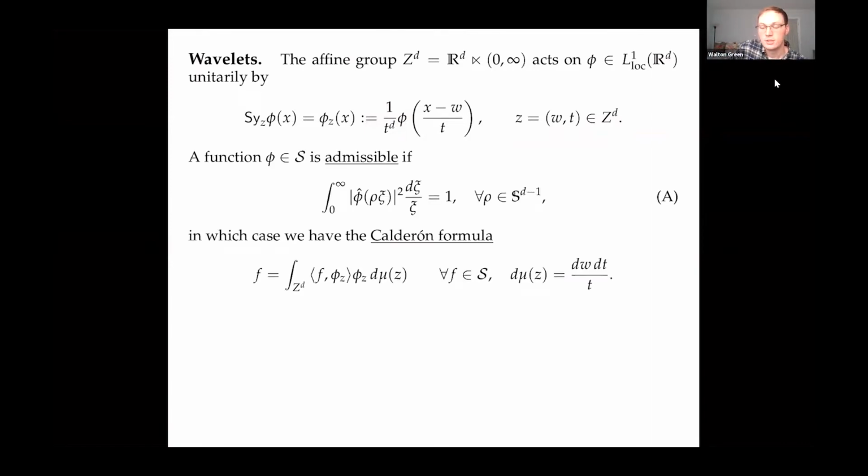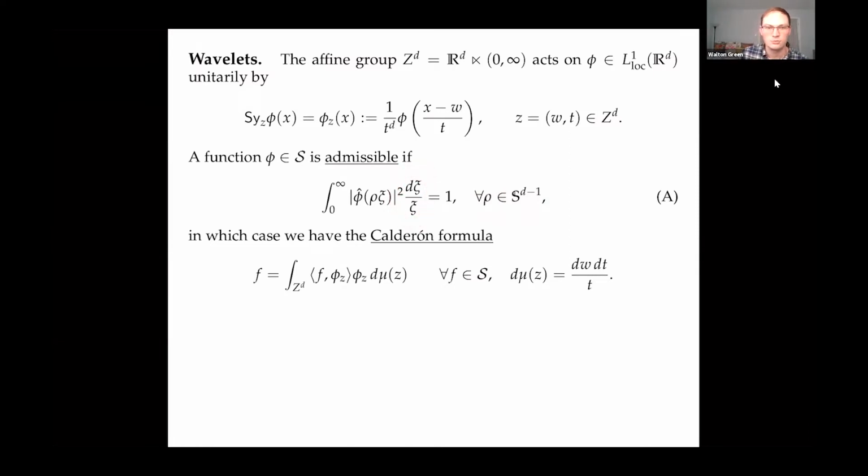And the special functions that will be most helpful for us are ones that are admissible. So a wavelet function is admissible if its Fourier transform satisfies this admissibility condition. You look at a direction and you look at the Fourier transform in that direction, and you integrate from 0 to infinity with respect to this measure.